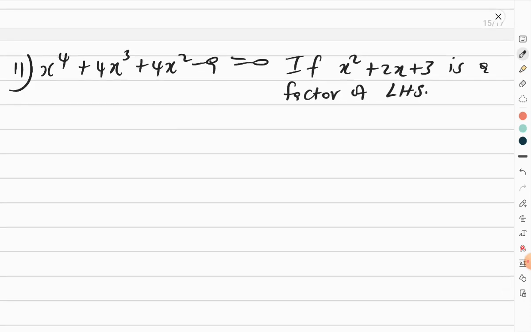So what do we do here? Now number 11, we have this, and this is the factor of the left hand side.